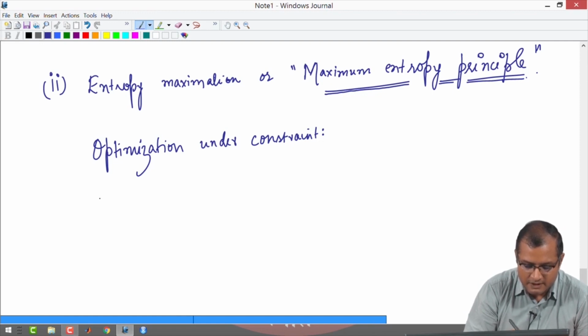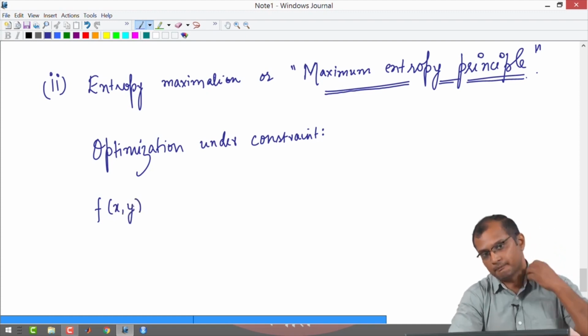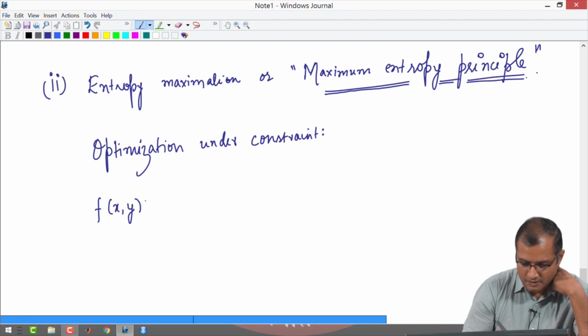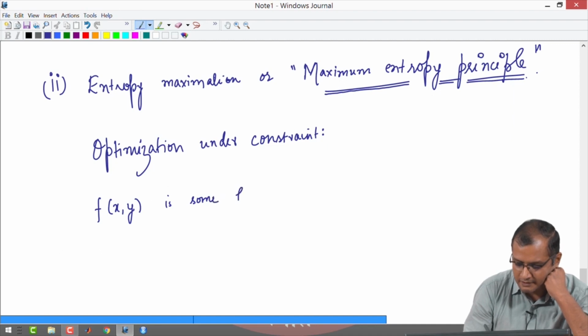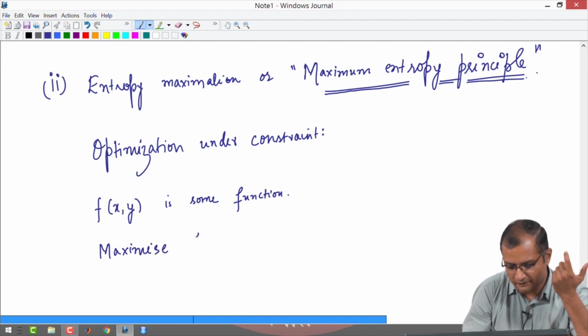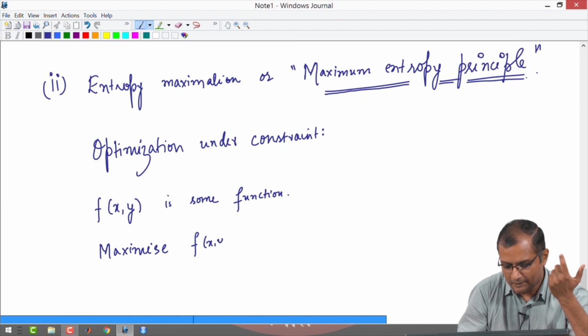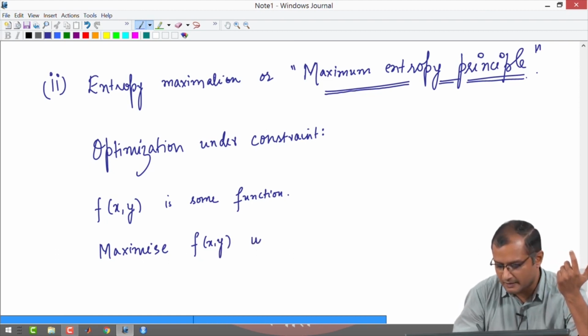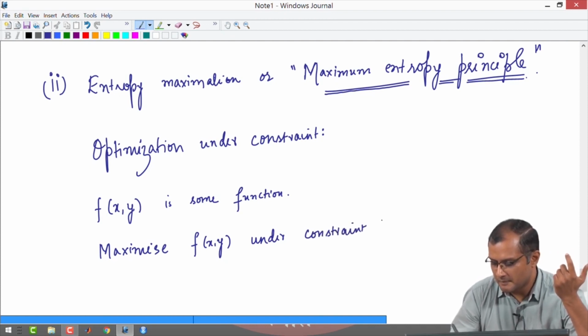Let us say I have a function f of two variables x and y, and I want to maximize f under a constraint that some g of x y equals 0.